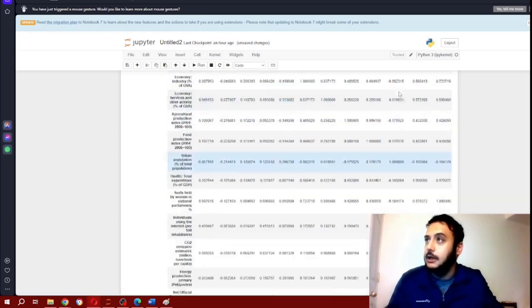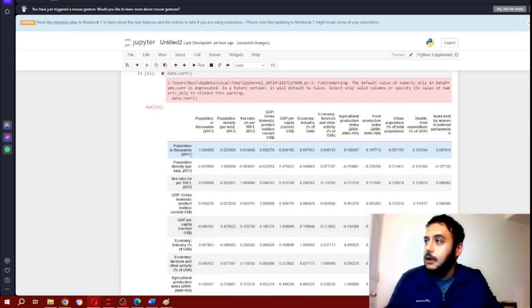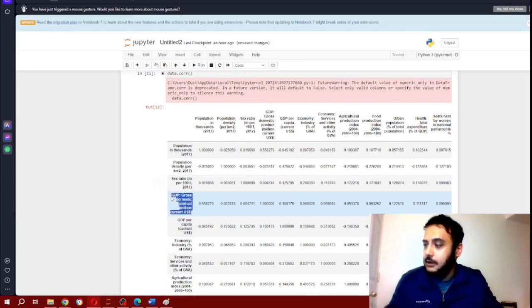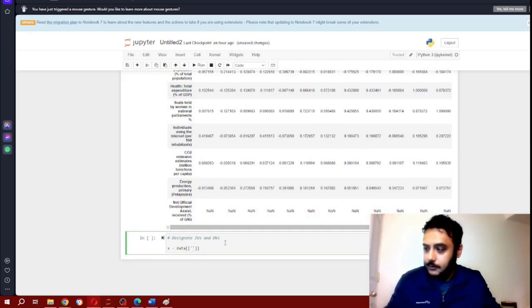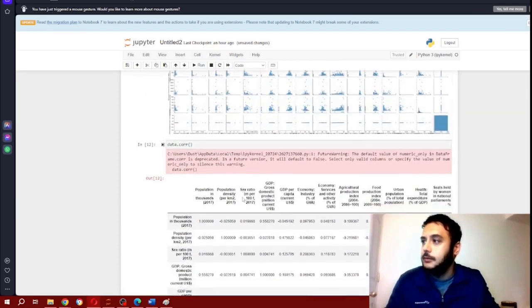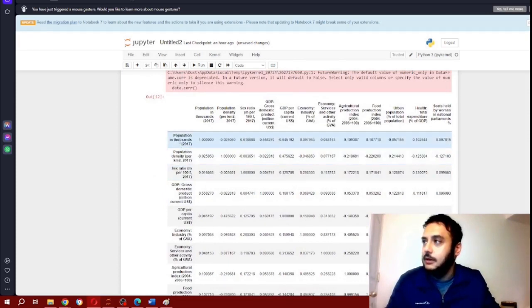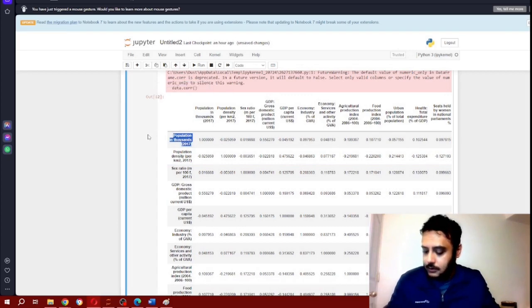The first one will be GDP in million, and then the second one will be population density in thousand, our population thousands.